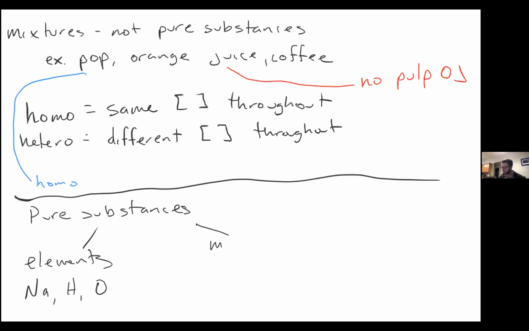And then we're gonna have compounds. Okay, and these are going to have like no impurities. So like a completely pure sample of water would be an example of a compound. Sodium chloride would be another example of a compound. Ammonia, okay, just to name a few.